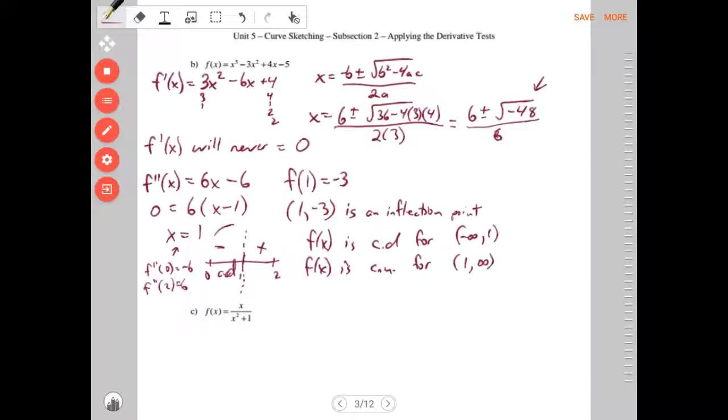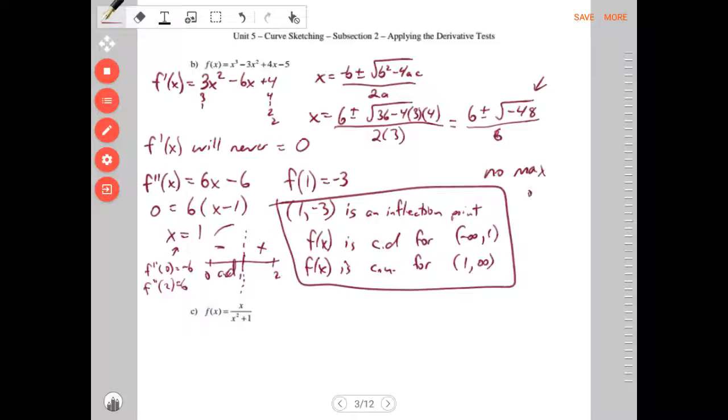Great. And we've already decided there are no maximum and minimum values, so that's the only other thing we had to decide. So maximums, minimums, inflection points, and intervals of concavity. So these 3 are our answers. And of course, no max or min points.